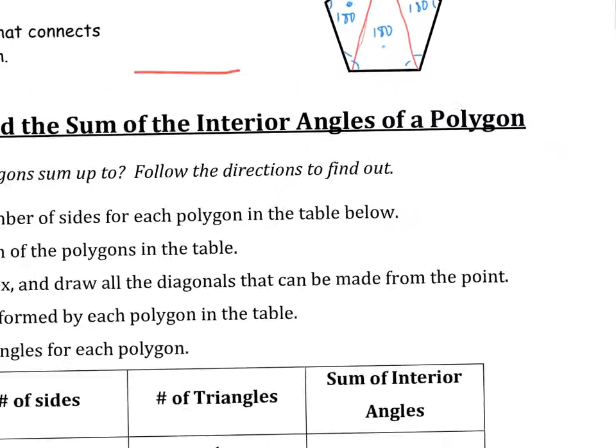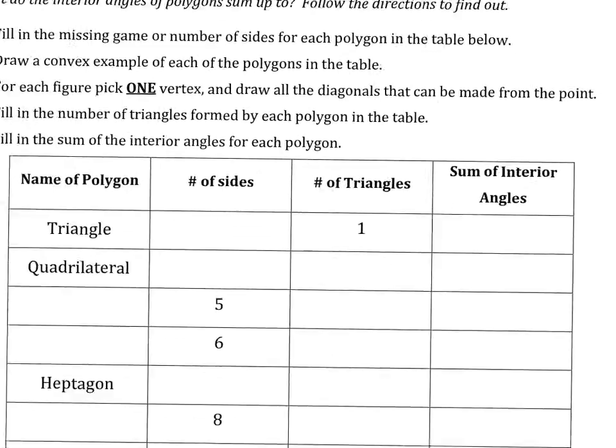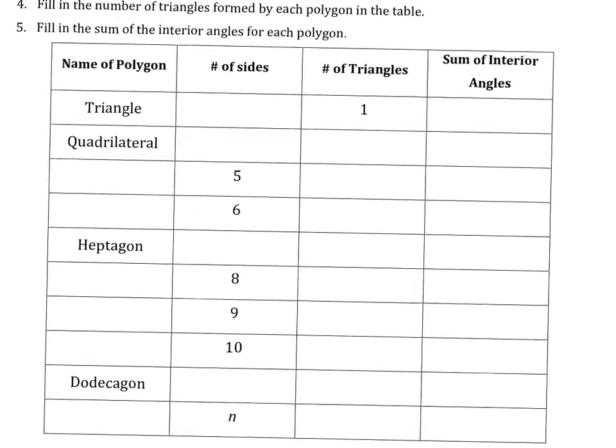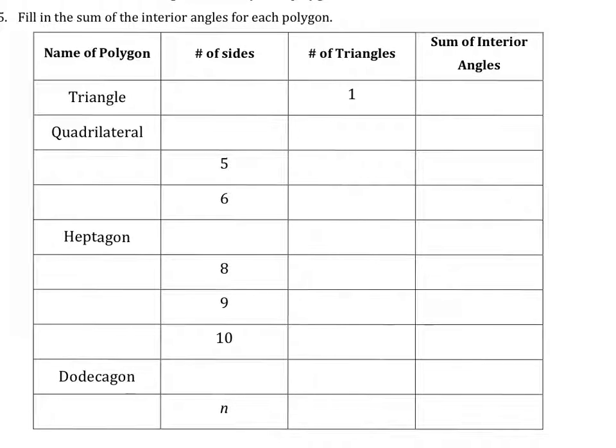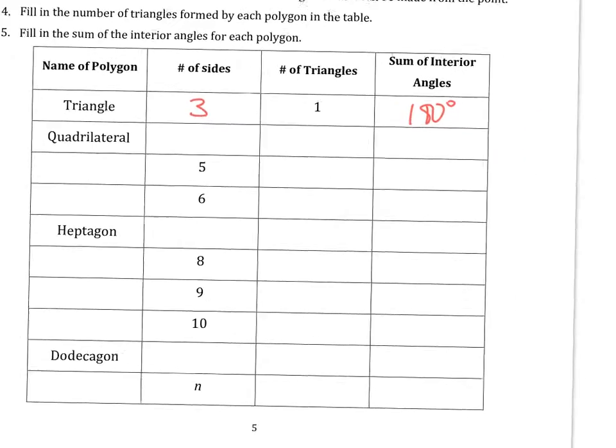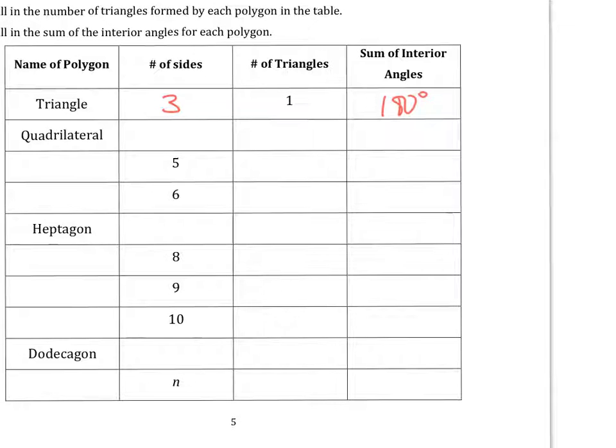All right, you are going to be filling out the chart. So think about this. A triangle. How many sides does a triangle have? 3. What's the sum of the interior angles for a triangle? You just answered it 3 times. 180 degrees. If you need a picture, just try and draw a little picture here. Would you agree that I just drew a quadrilateral?